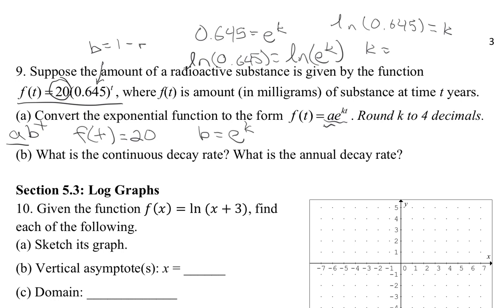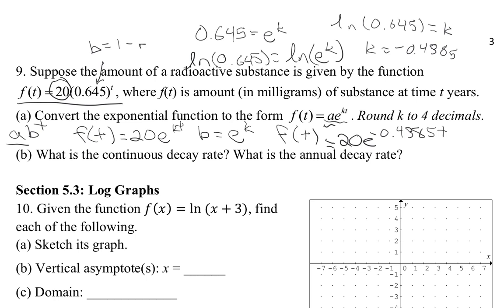Natural log of 0.645, and I get negative 0.4385. Okay, so we're going to take this and we're going to plug it in here, right? We have 20e to the kt there. So f of t equals 20e to the negative 0.4385t. That's our final answer.